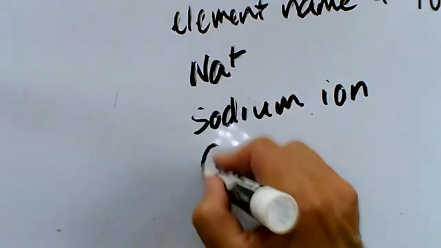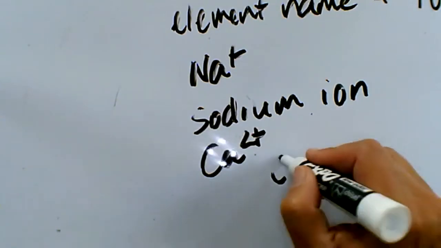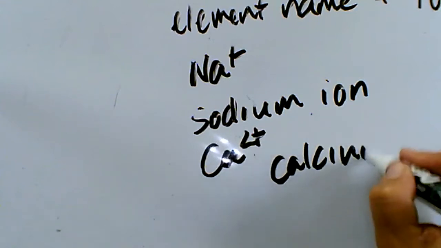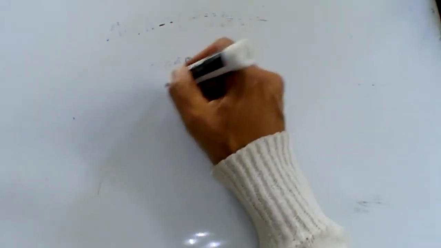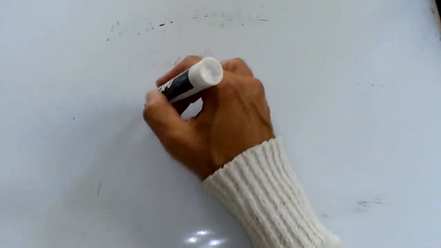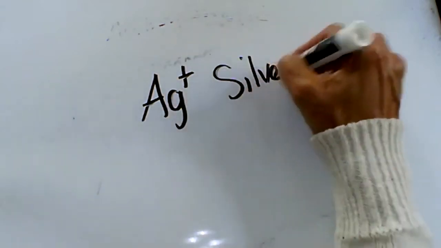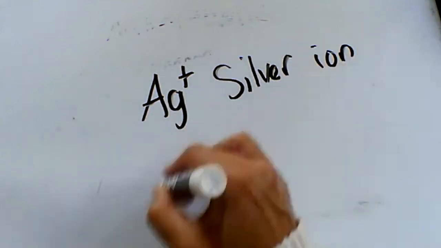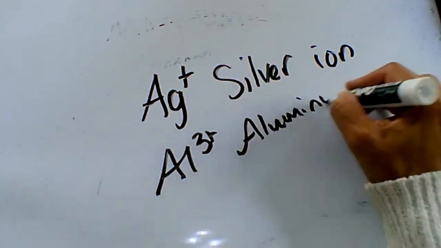If I want to name this calcium 2+, it is the calcium ion. Lastly, this silver is the silver ion. Aluminum is the aluminum ion.